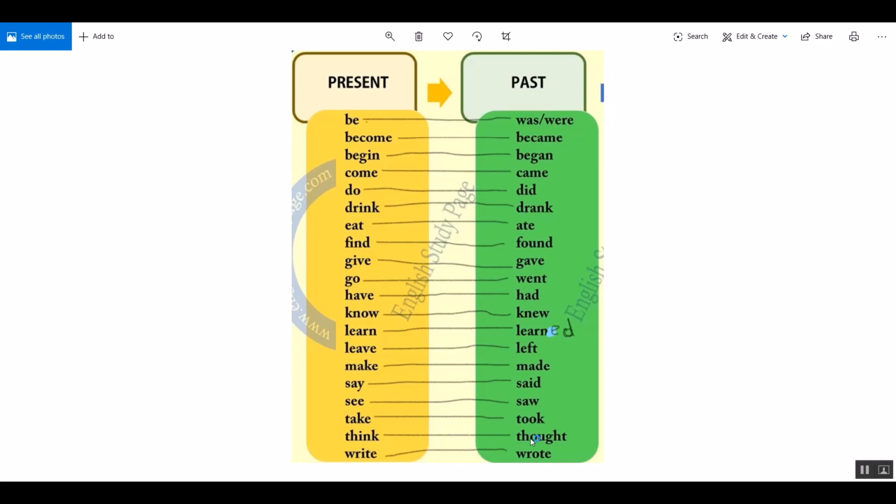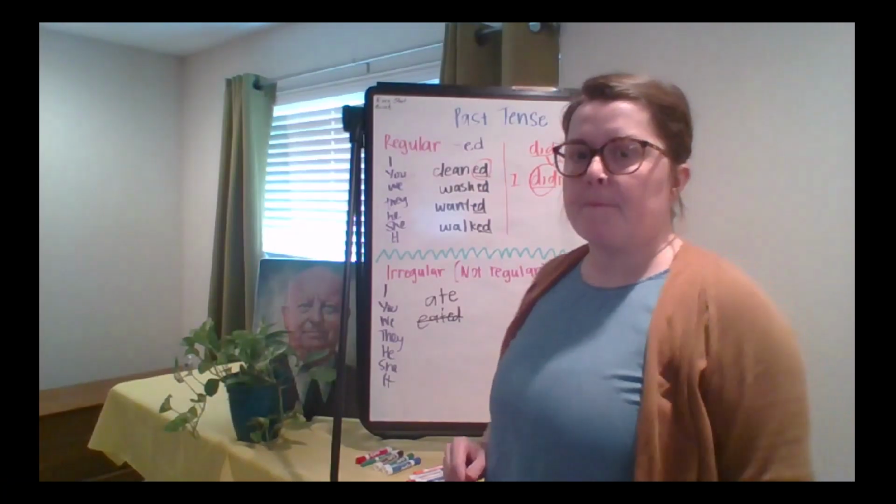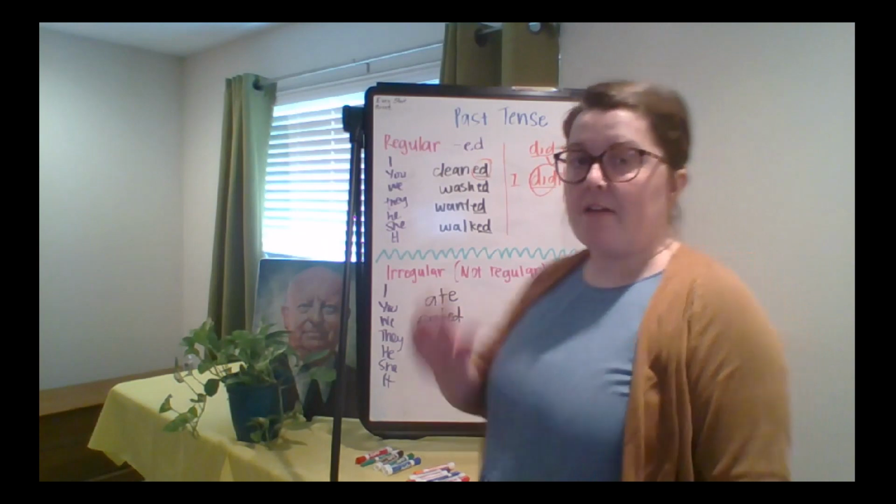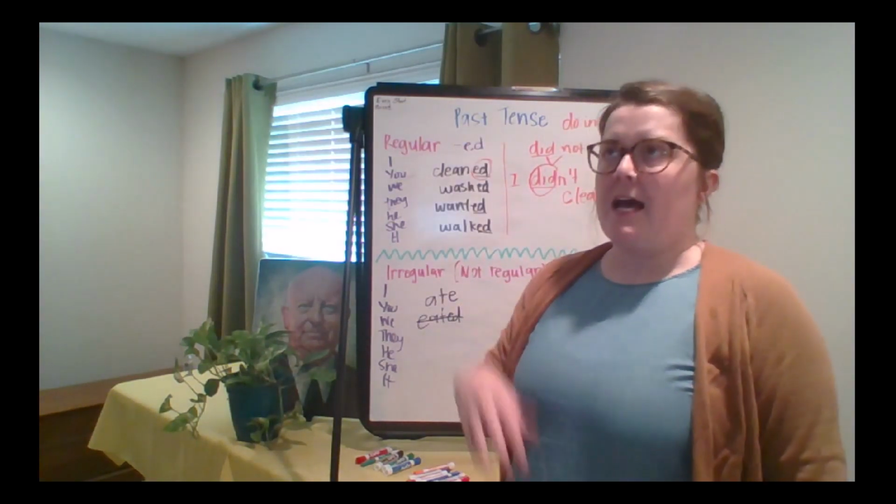Think, thought. Write, and wrote. So there's a list of 20 irregular past tense verbs. If you need to pause the video, you can pause it and write them down. Okay, so you have a list of irregular verbs. I can send you another one.